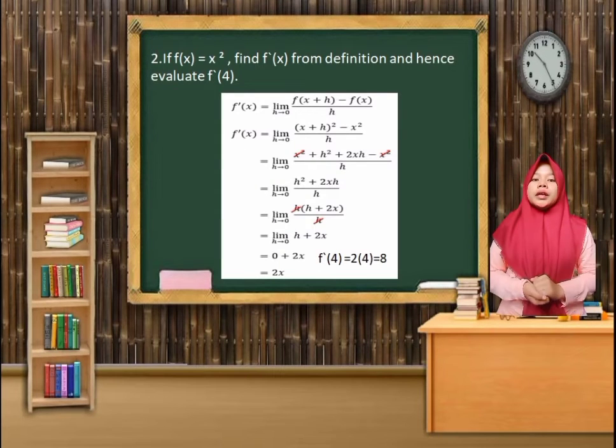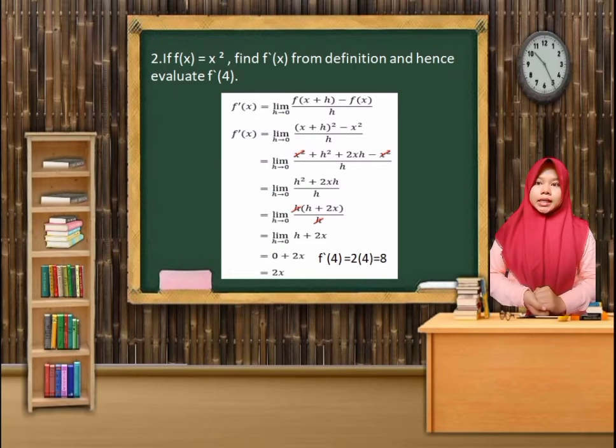Number 2. If f(x) equals x squared, find f prime x from the definition and hence evaluate f prime 4. First, we find the derivative with the definition. First, write the definition. f prime x equals the limit of f(x plus h) minus f(x), all over h, as h approaches 0.